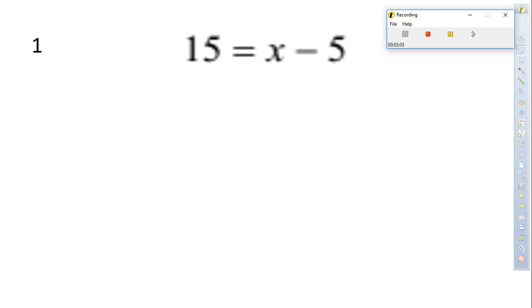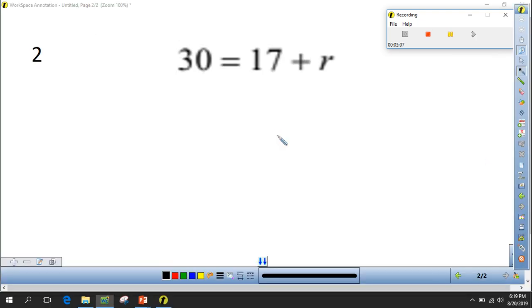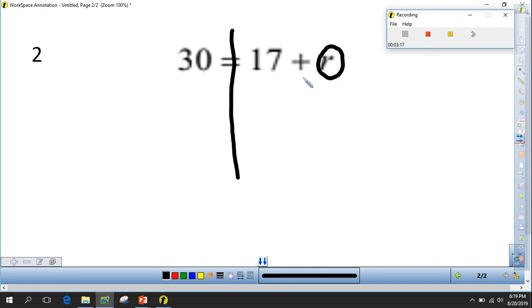Okay, next question was 30 equals 17 plus r. Once again, first step is to draw that line through my equal sign. I'm going to circle this r here because I want to get it all by itself. This plus sign is saying that my r is positive, so I have a positive 1r in that invisible math, which means we are good to go. The only thing I have to do is get rid of this 17.